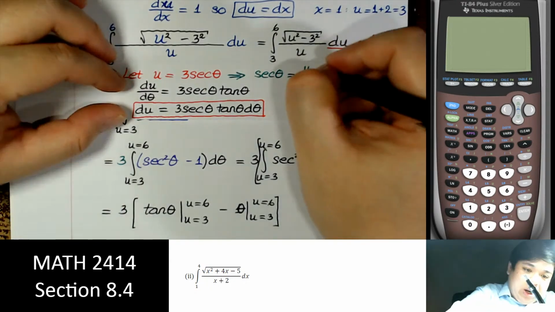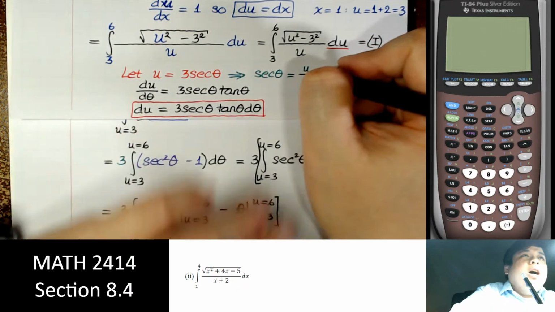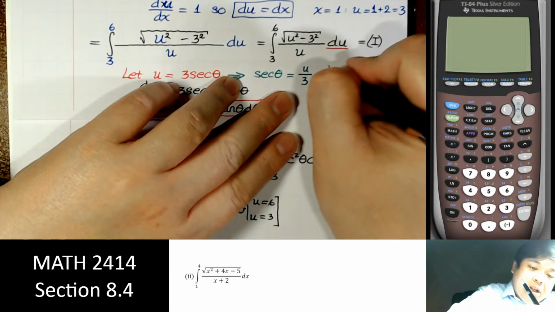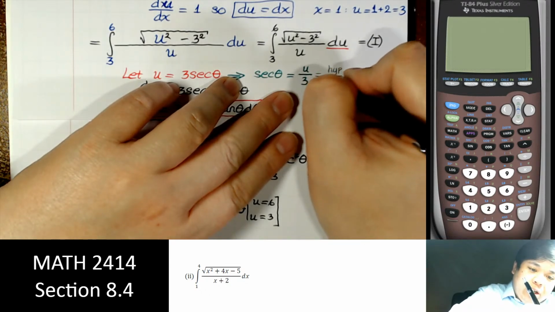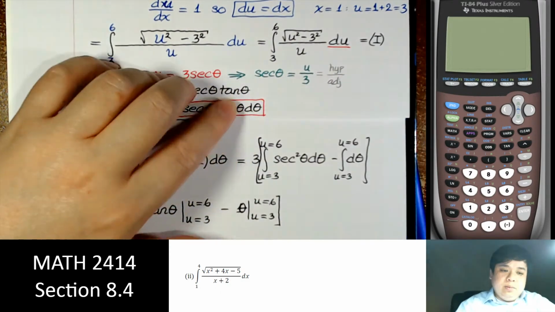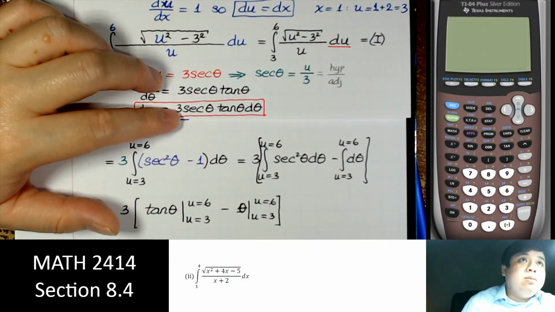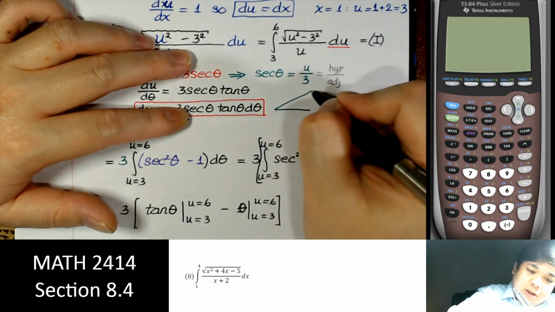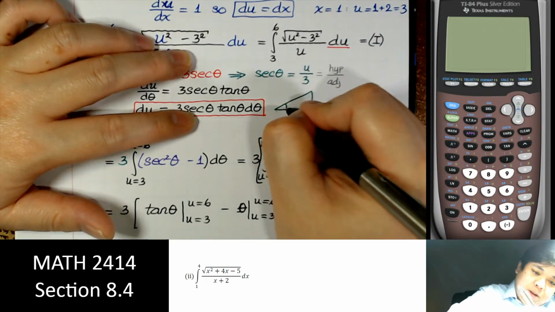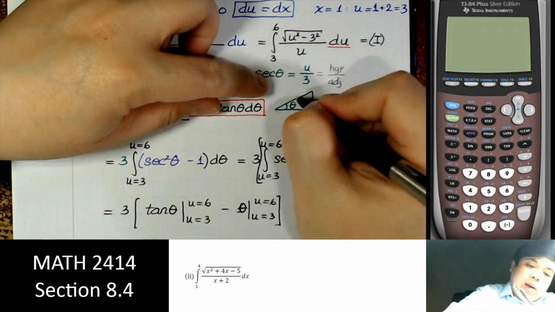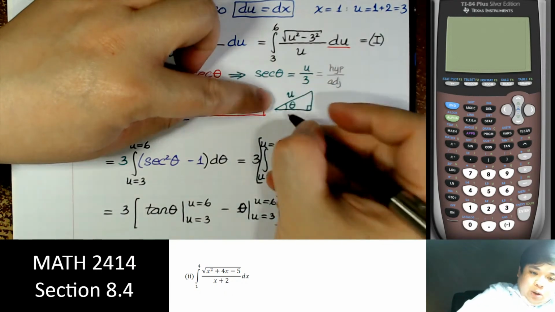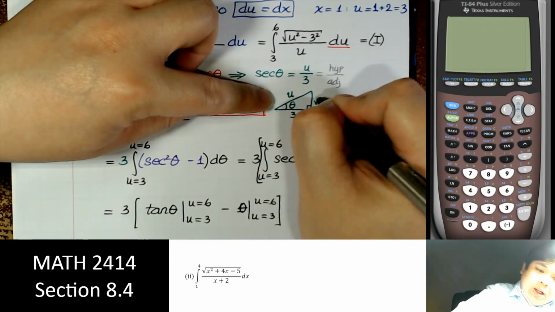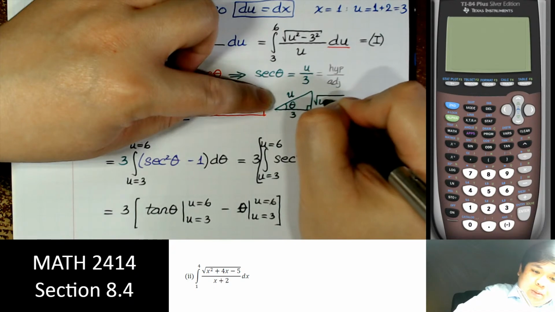What is the ratio for secant? Secant is the reciprocal of cosine. Cosine is adjacent over hypotenuse. So secant is hypotenuse over adjacent. So the opposite therefore is going to be equal to the square root of u squared minus 3 squared.